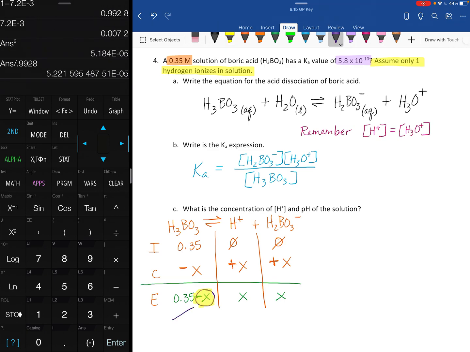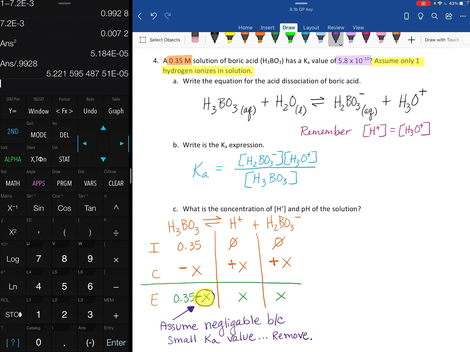I'm going to say we are going to assume this is negligible because we have a small Ka value. And so we can remove it. For the purposes of our class, we can go ahead and do that. When you get to AP Chemistry, we talk about when you can and when you can't do that.